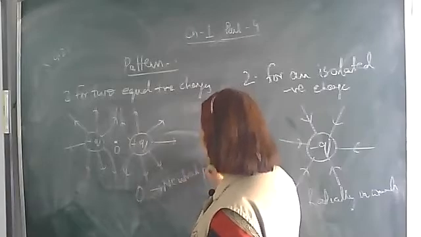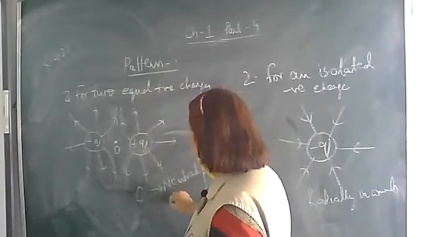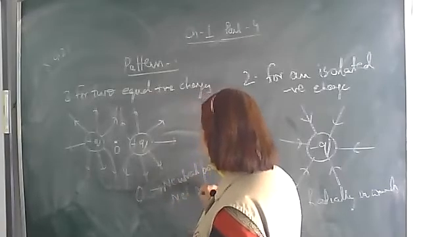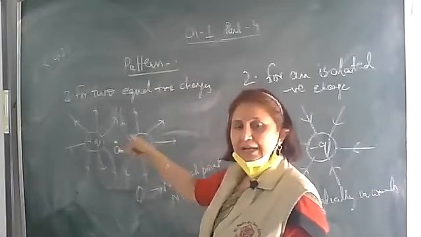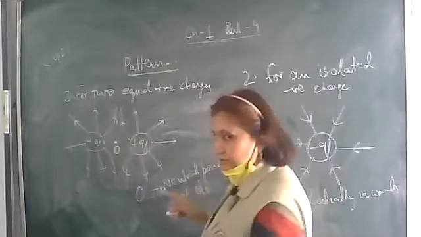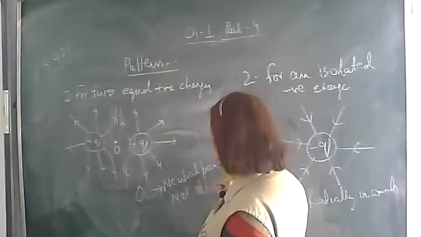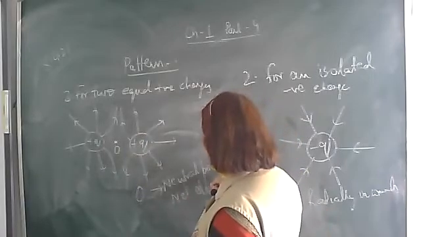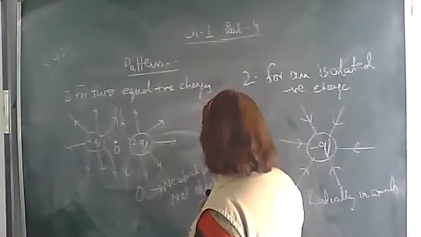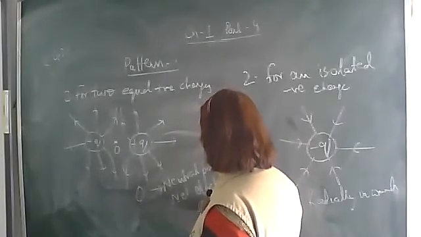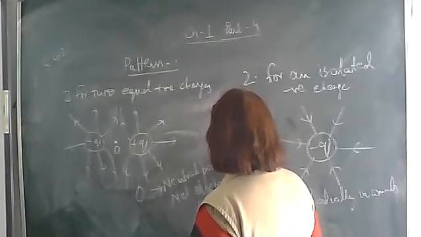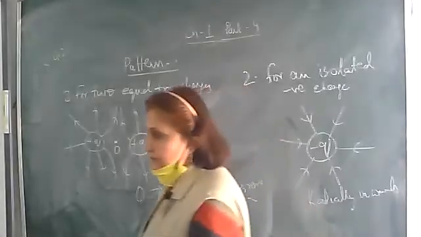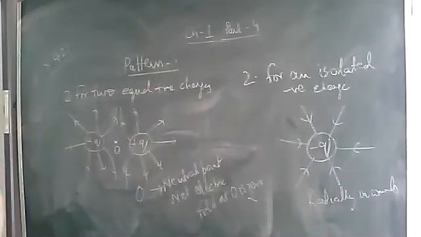The electric field due to one charge is cancelled by the other. So the net electric field at O, the center of the line joining the two charges, is equal to 0.